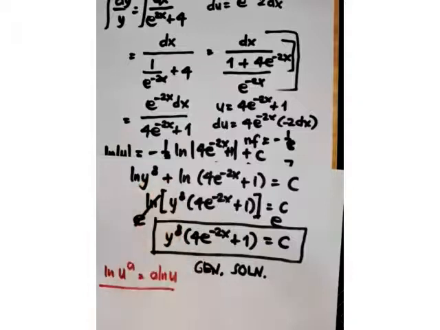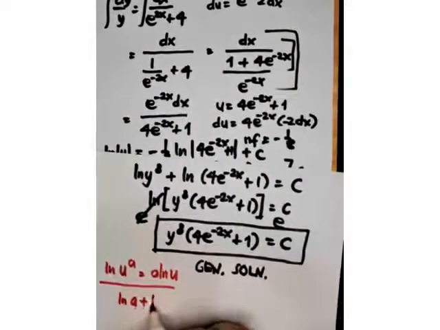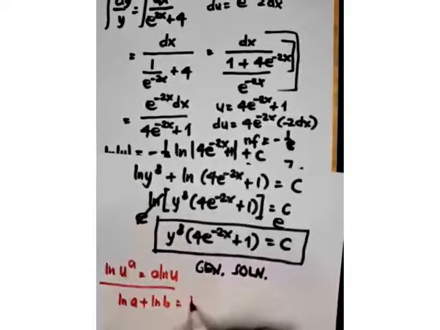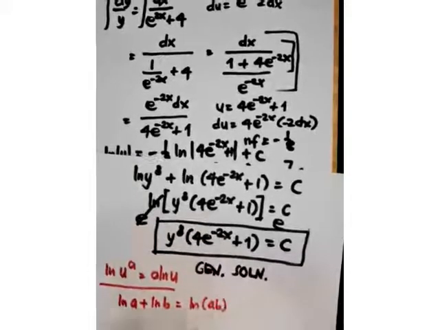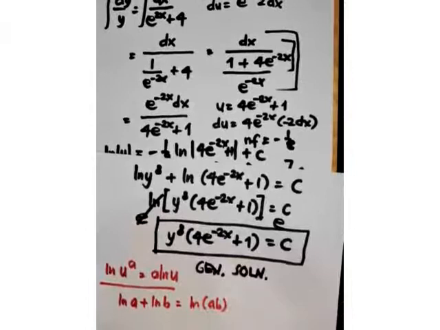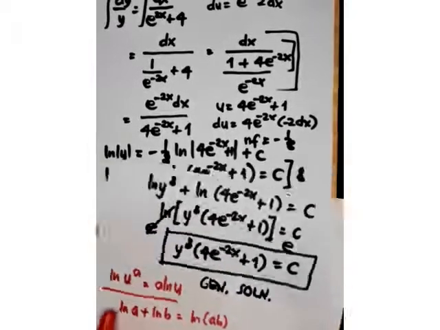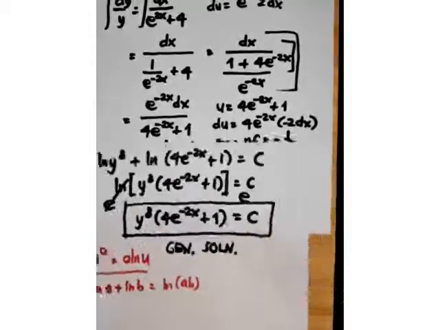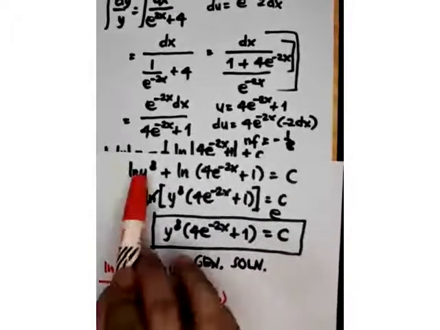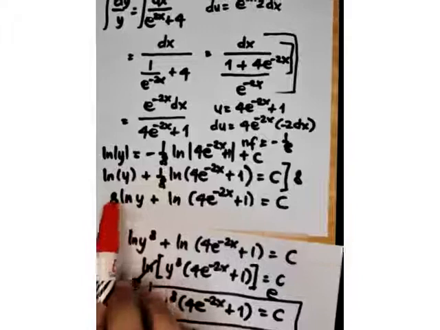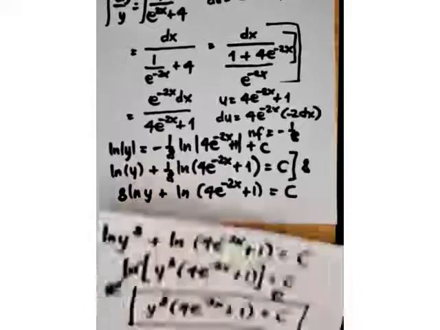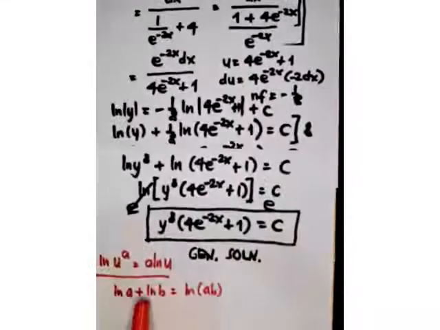Kasi may property tayo na ln of A plus ln of B is equal to ln of AB. At hindi natin pwedeng gawin yon directly kung meron siyang coefficient dito. So, kung meron siyang coefficient dito, for example nito, hindi natin pwedeng directly i-apply yung property na to.